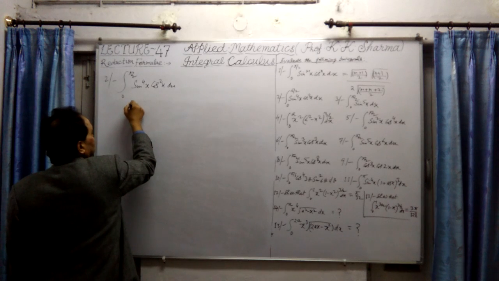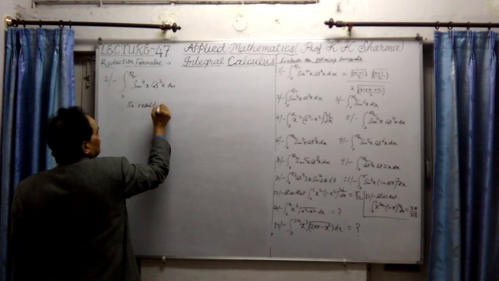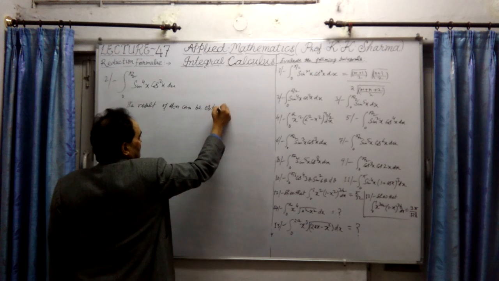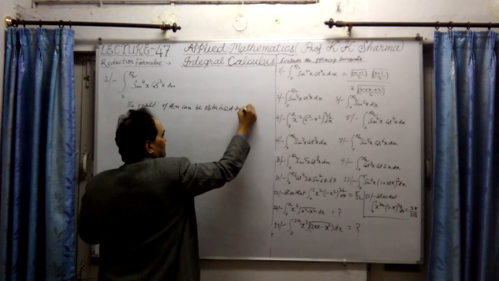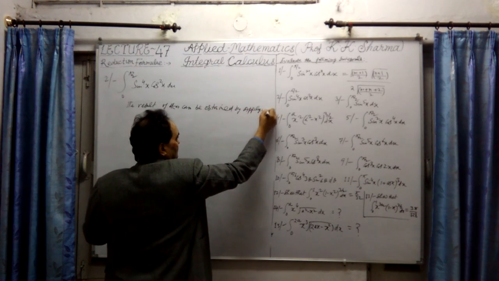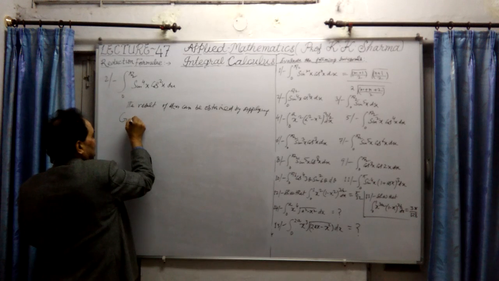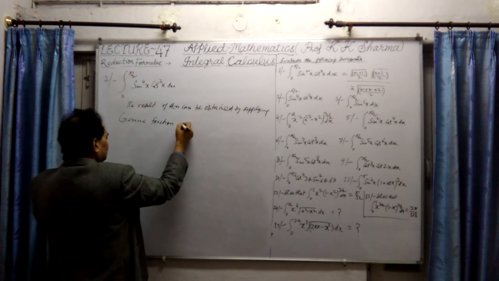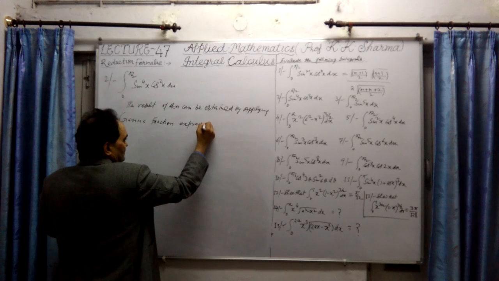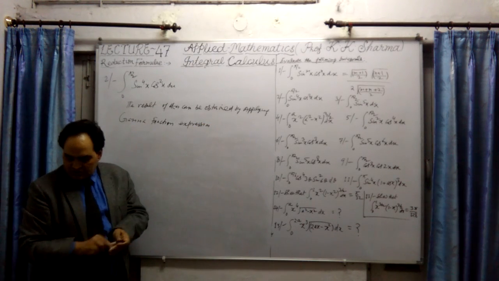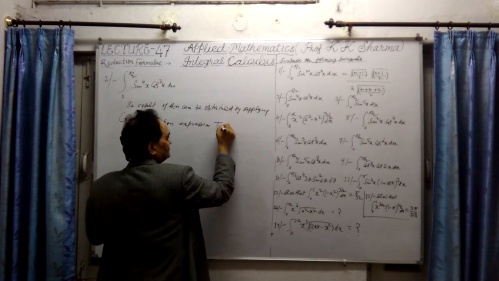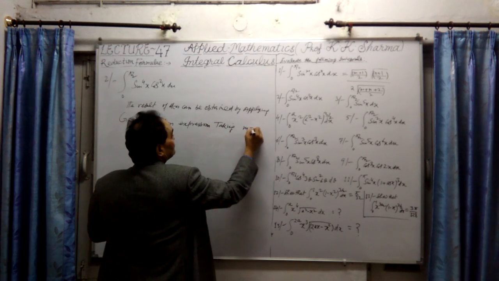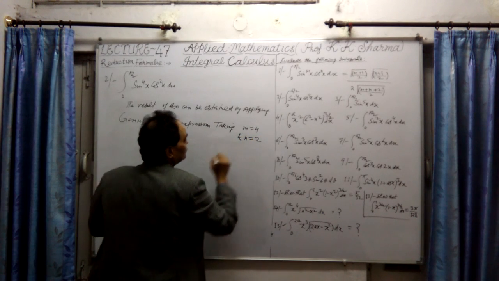The result of this can be obtained by applying the gamma function expression, taking m equal to 4 and n equal to 2.